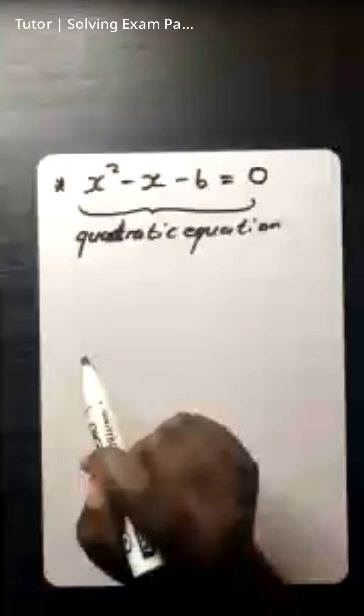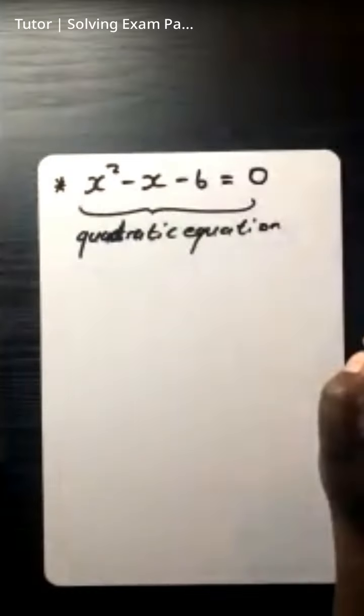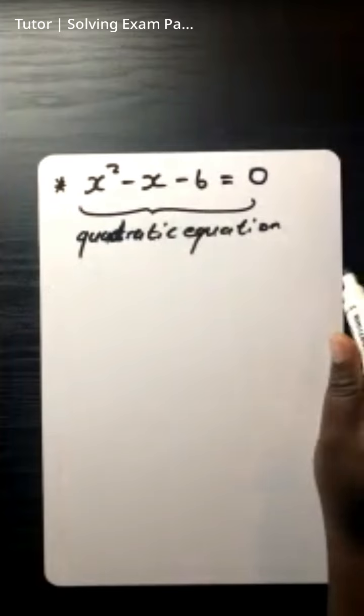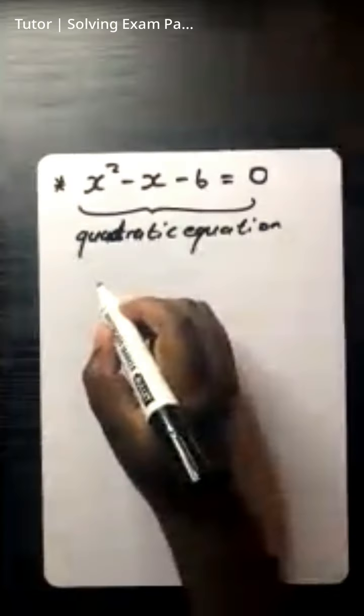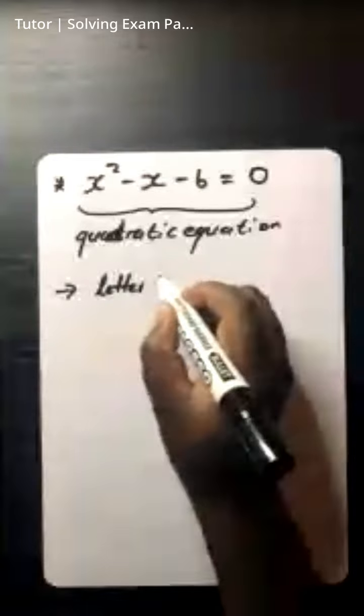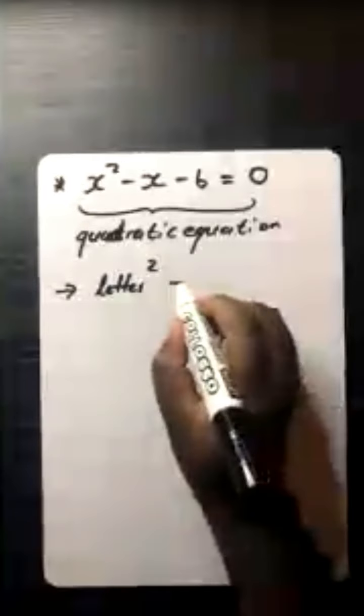Okay, 100%. So I'm going to then explain. This is what we call a quadratic equation. How do you know a quadratic equation? It is that type of equation that has a letter which is being squared.